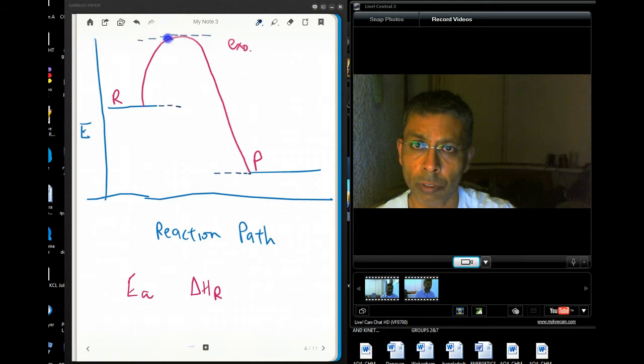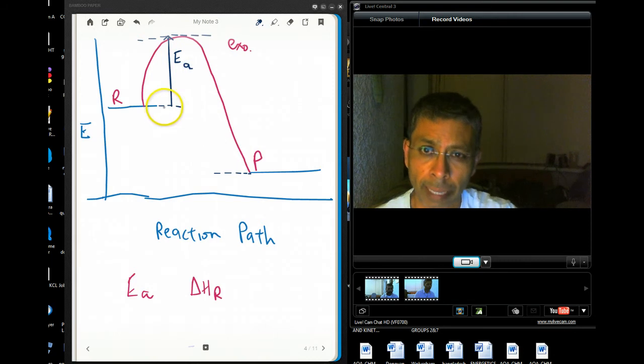Make sure the arrow is done properly, so touching the line here and touching the top of the curve here, that would be the activation energy. And then again from the reactants down to the products, make sure the arrow goes exactly from the reactants to exactly where the product line is, and that will be your delta H R.